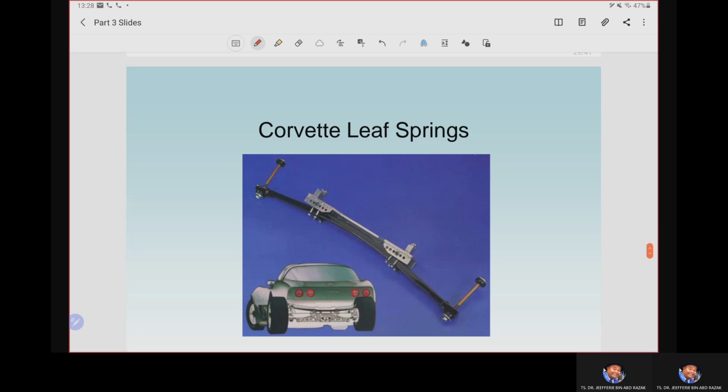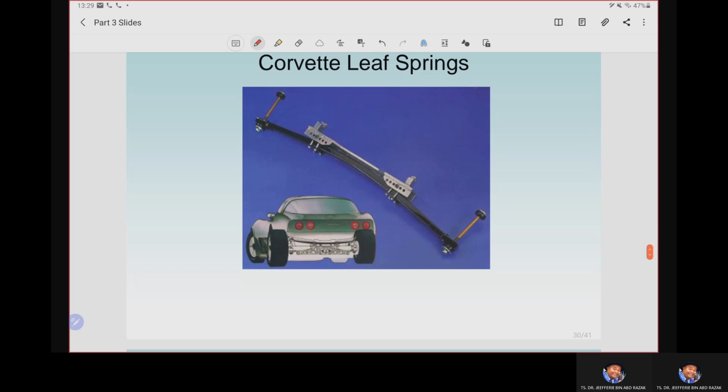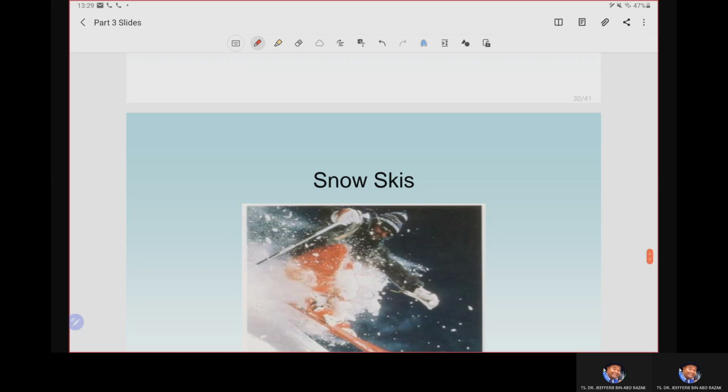The Corvette leaf spring in our automotive cars is also made nowadays from composite material. At the same time, it significantly resolves problems related to corrosion and degradation. And because of the lighter weight of the composite, it produces high performance of the car with very good fuel saving.